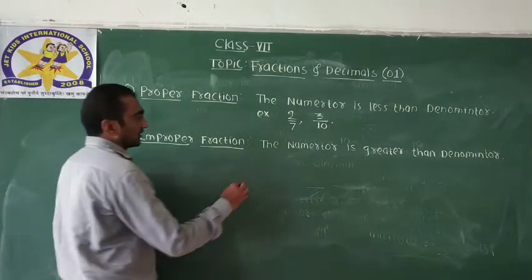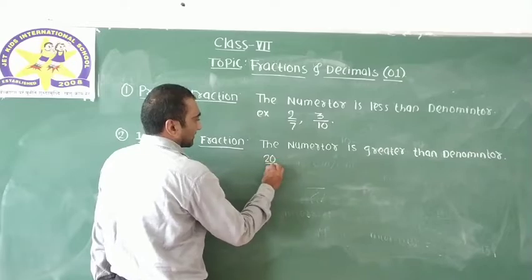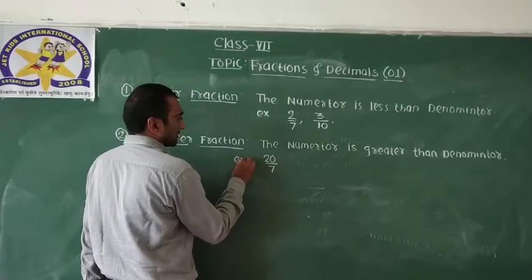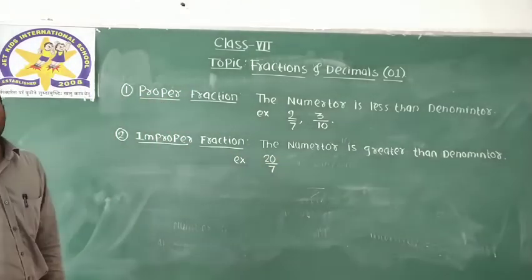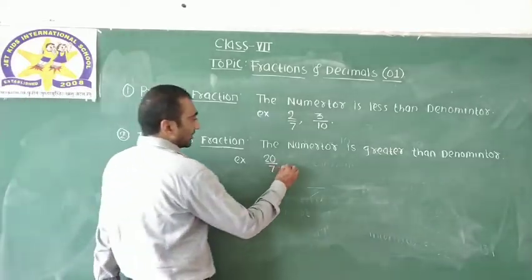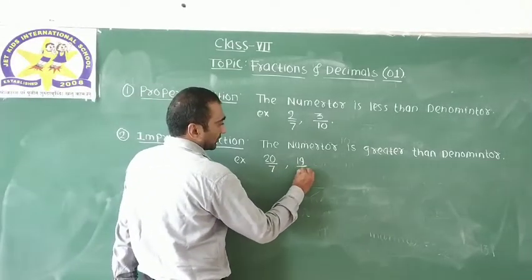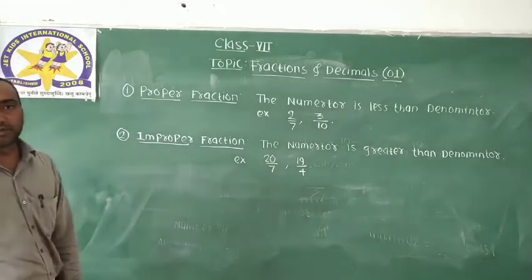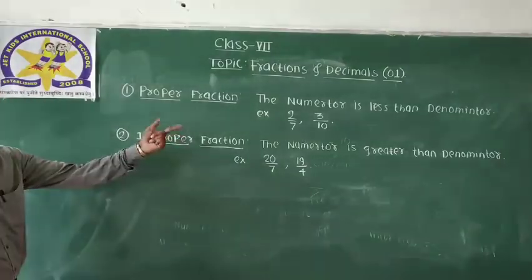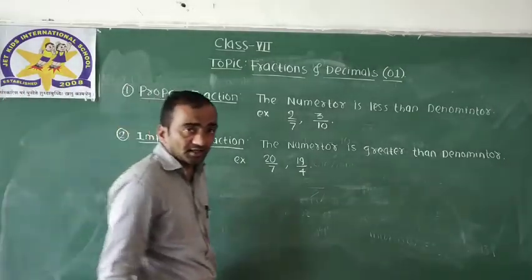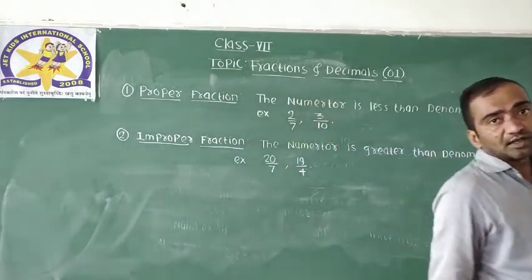For example, 20 by 7. If you observe, the numerator is greater than the denominator. 19 by 4 is also an improper fraction. Why? Because the numerator is greater than the denominator.